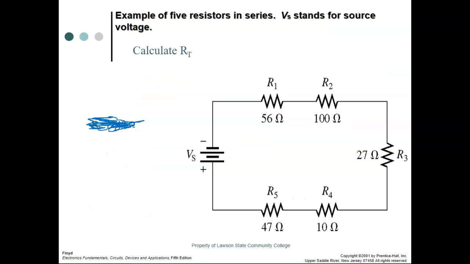So if I'm going to calculate RT, or my resistance total, I have 56 ohms, 100 ohms, 27, 47, and 10. So what would my RT calculate out to be? It is 240.